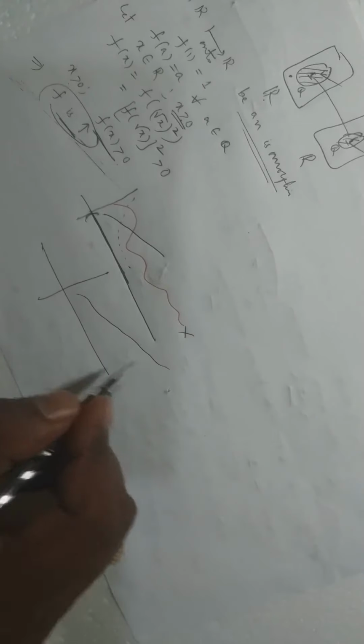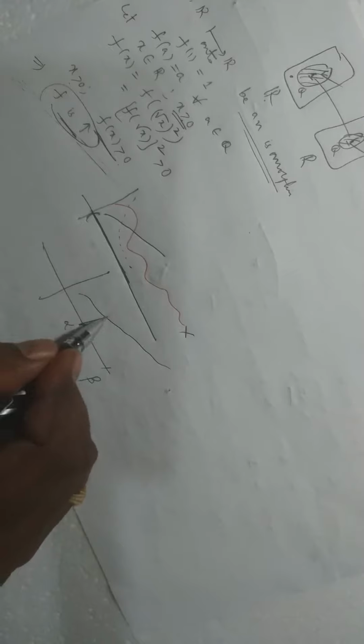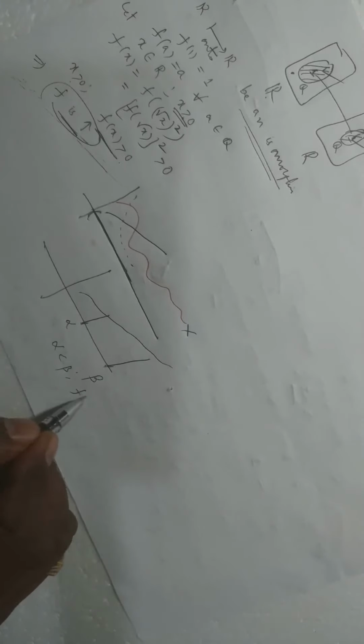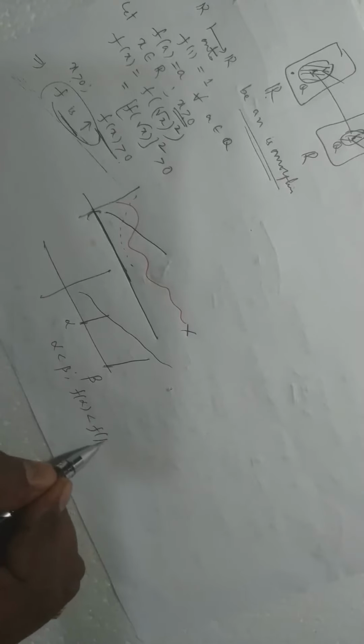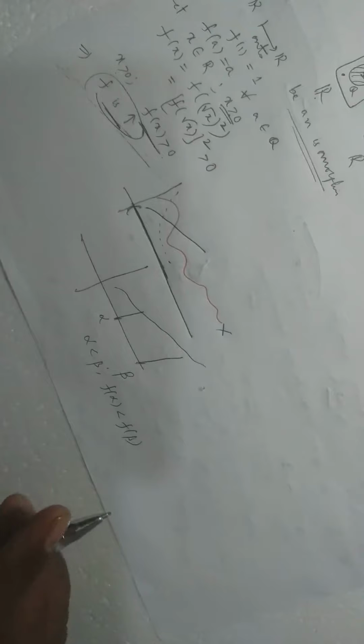If f is increasing, let me say this is the increasing, and I can have alpha and beta. What is f of alpha and f of beta? If alpha is less than beta, f of alpha is always less than f of beta. Is it clear?